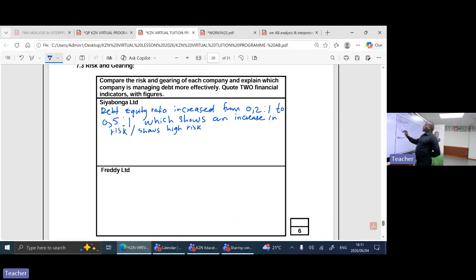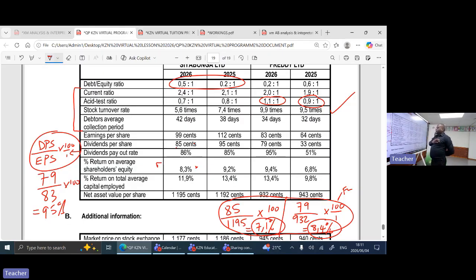The next part that you need to comment on will be ROTE, return on total capital employed. I said a lot that when it comes to ROTE, this indicator shows whether we are managing our debts efficiently, the borrowed funds. That's what we're going to look at here. Firstly, we compare from last year to this year. Please enjoy the comment so that it will assist you.